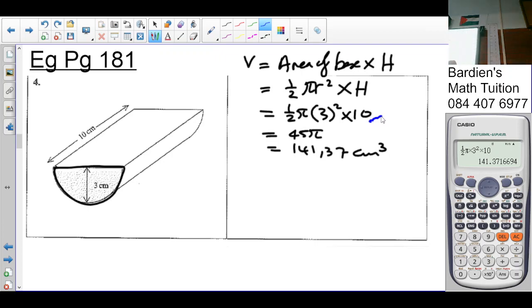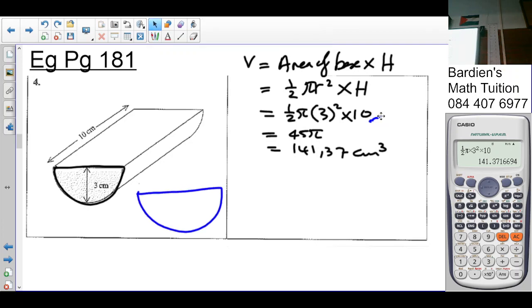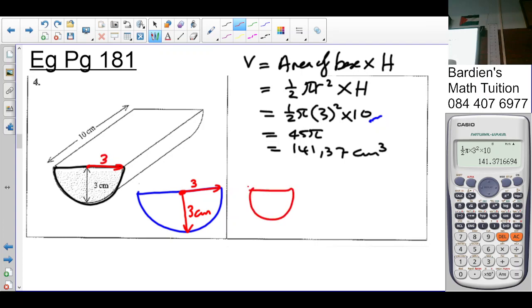No. You see, this is a semicircle. From the center to the circumference is your radius. Can you see that is 3 centimeters? So from there to there is also 3. If that was given as 3, then your radius would have been 1.5, or half of 3. Understand?